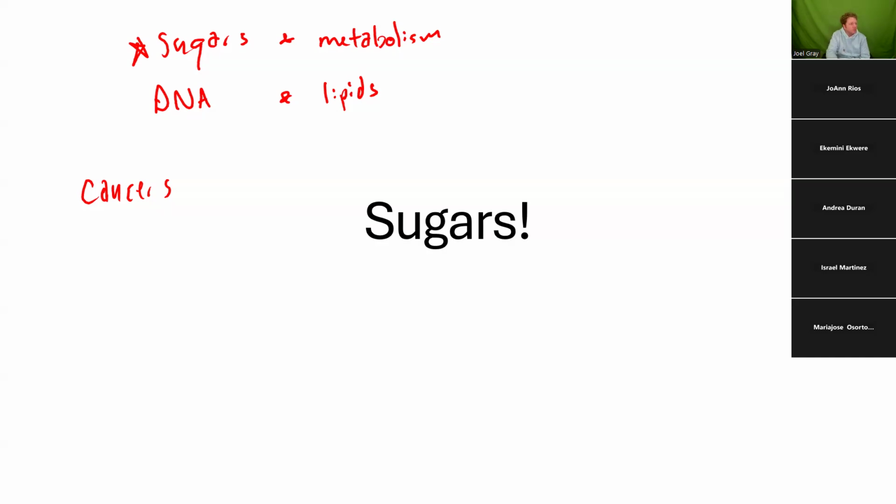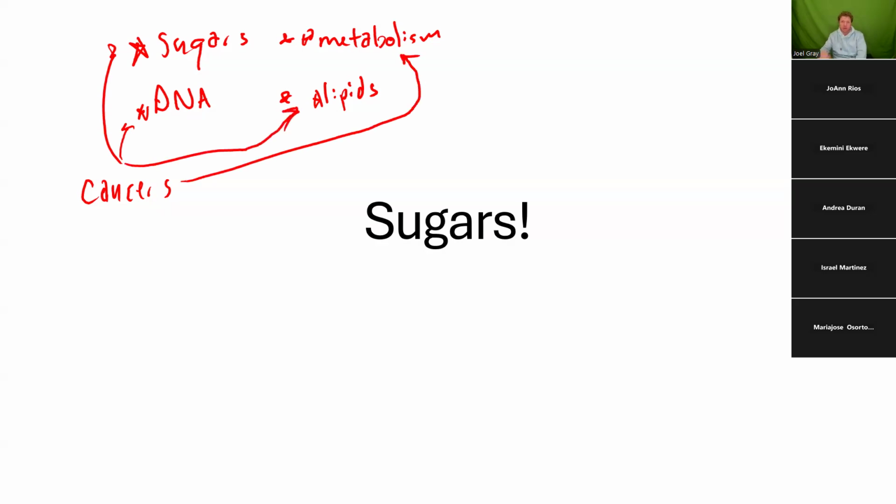So sugars, their metabolism, DNA, and lipids are all related to cancers. That's the direction we're headed in, and I want you to have a firm foundation. Those foundations aren't super deep, but I want you to be able to identify different molecules and understand the makeup of them.